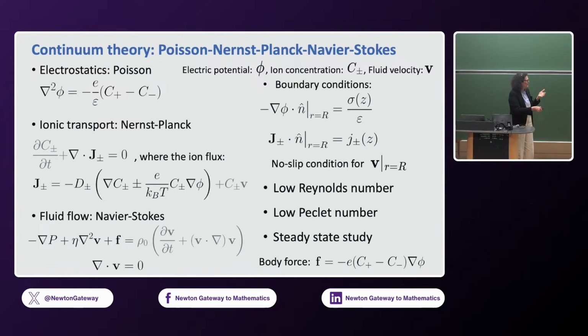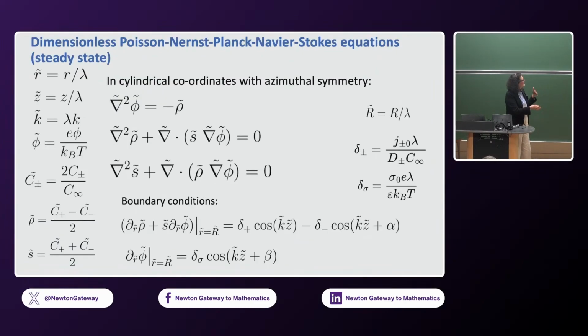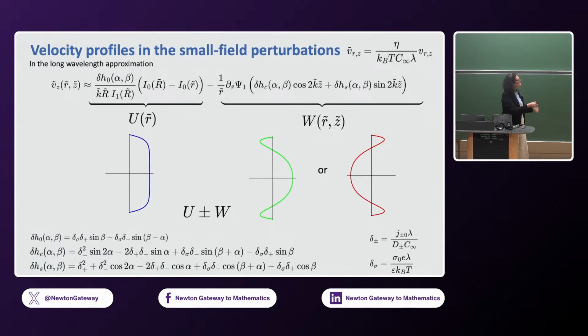And so you can calculate this in dimensionless space and make a perturbation with the boundary conditions. So the perturbation is going to be the magnitude in these units of the fluxes and the charge, positive and negative. So when you do the analytic expression, just to understand what is happening, you have two terms, one that is only a function of R, and another one that can be positive or negative, that is a function of Z, okay, and R.